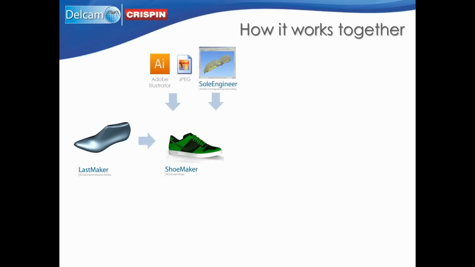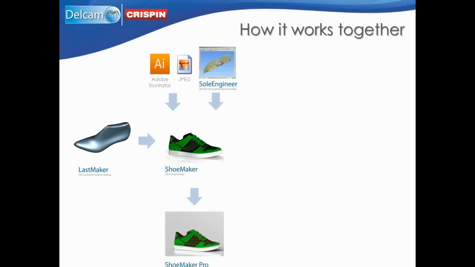If you also design soles, you can easily import your sole design directly from Delcam CRISPin Sole Engineer. Furthermore, you can design and grade the upper and the sole in the same 3D environment so you achieve accuracy quickly. You can also export to a 3D printer for rapid prototyping, which helps reduce the time and the cost of product development. Once you've produced your style lines in ShoeMaker, you can easily add more detail by coloring the panels of your shoe with your own scanned-in textures.